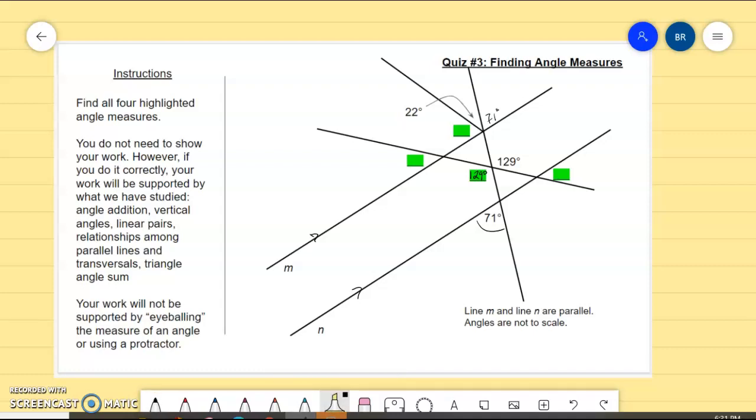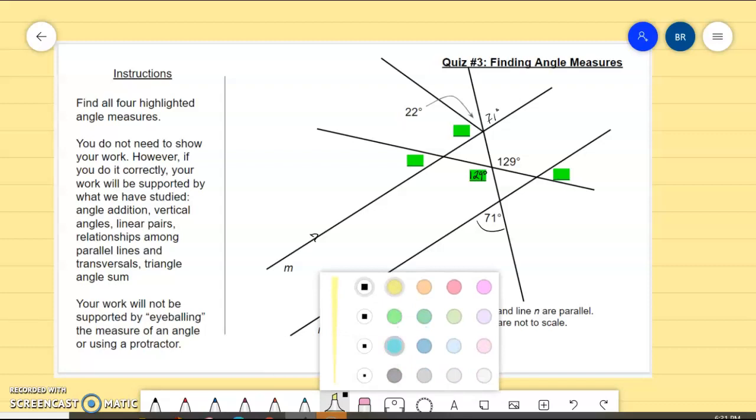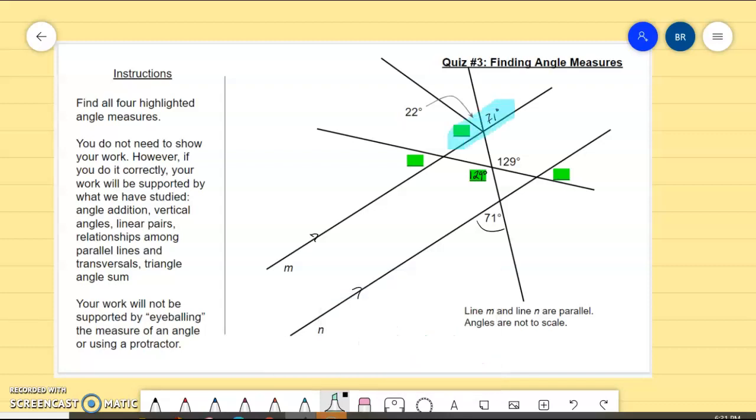Look at this. These 3 angles form a line, a straight angle. So those 3 angles, why don't we call this x? So x plus 22 plus 71 equals 180.